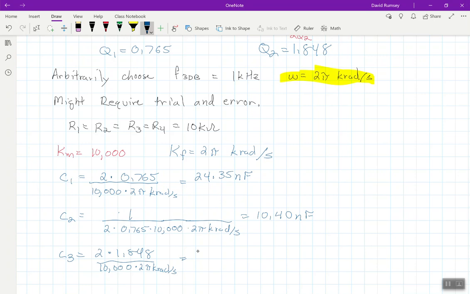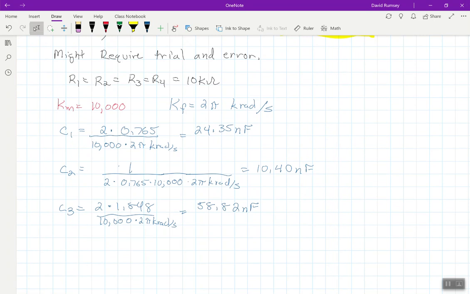And I get that this one is 58.82 nanofarads. And C4 would then be equal to 1 over 2 times 1.848 times 10,000 times 2 pi k.